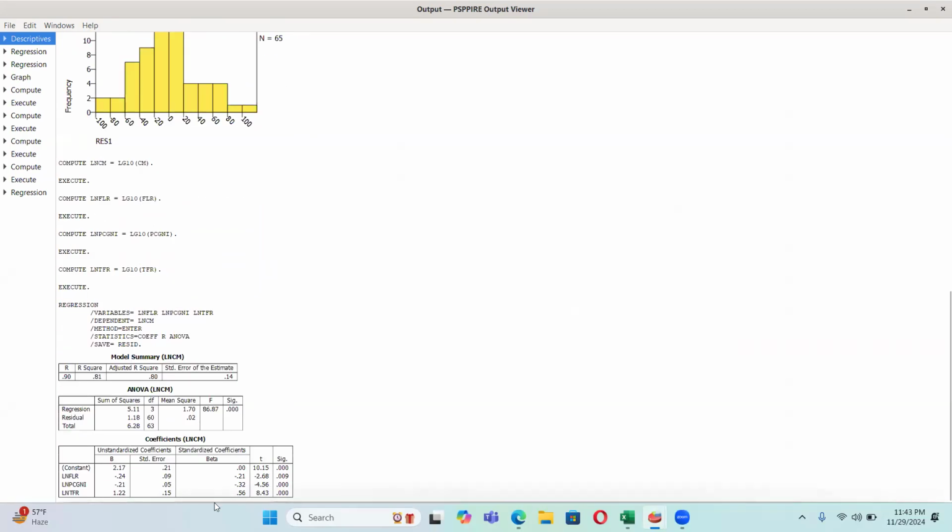But here, these expressions would be in percentage terms. So log per capita national income would suggest if the per capita national income increases by 1%, the child mortality would fall by 0.32%. Similarly, for total fertility rate, if total fertility rate increases by 1%, child mortality would increase by 0.56%. I hope this was clear.